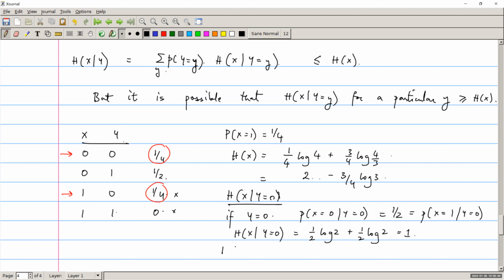Okay, and what is h of x given y equals 1? What's the probability x equals 0 given y equals 1? The probability x equals 0 given y equals 1 is 1.